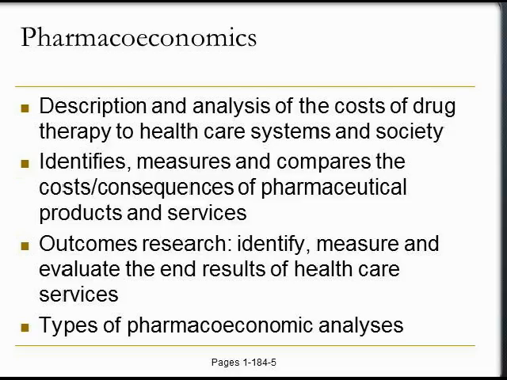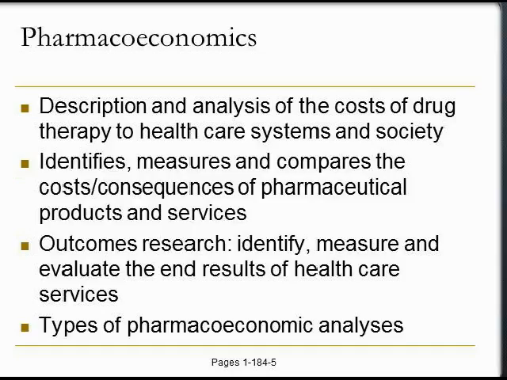All right, last two topics, and I show you again just to refresh your memory and jog your memory about things that could show up on an exam. And again, we're not going to spend a lot of time on this. Pharmacoeconomics, obviously related to the cost of a drug therapy to healthcare systems and society.